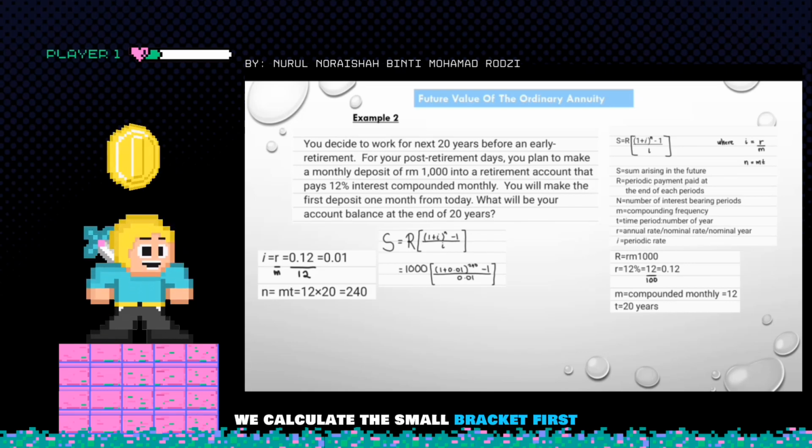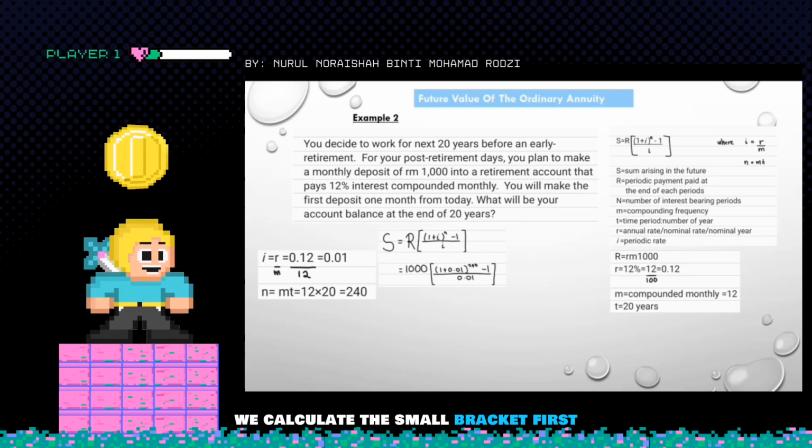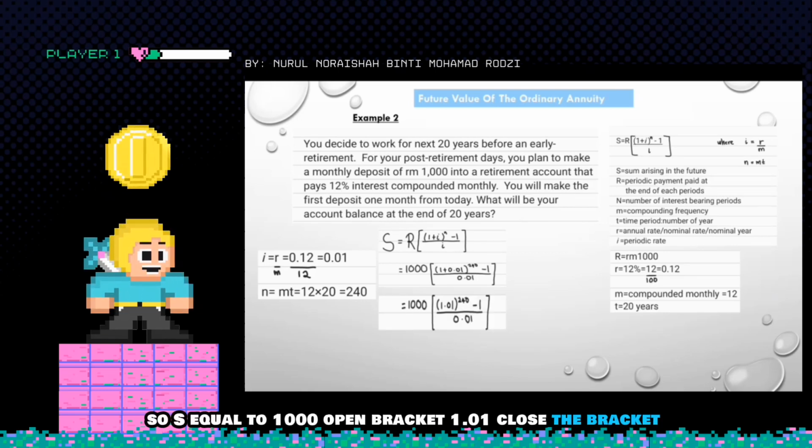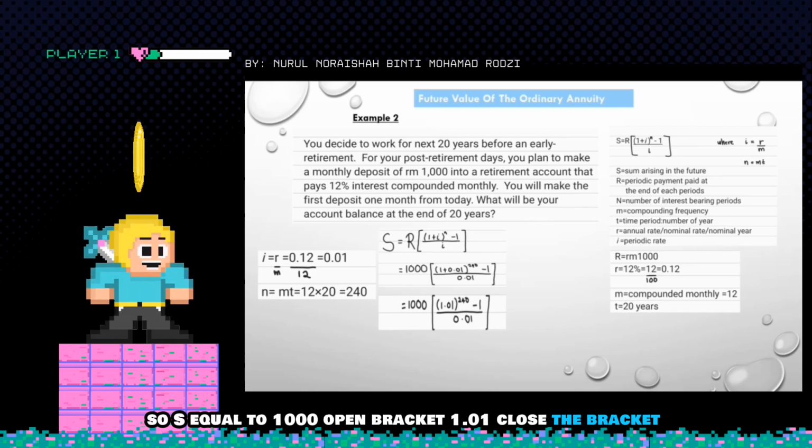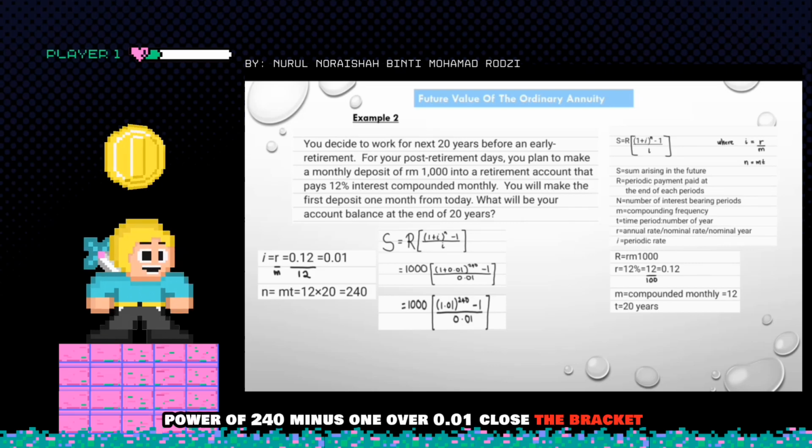We'll calculate the small bracket first. So, S equals 1,000, open bracket, 1.01 to the power of 240 minus 1 over 0.01, close the bracket.